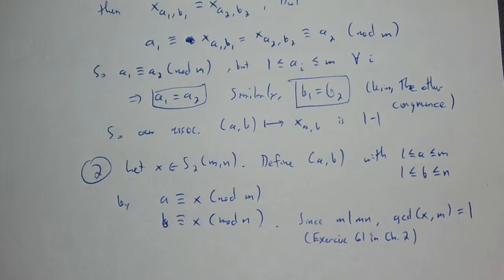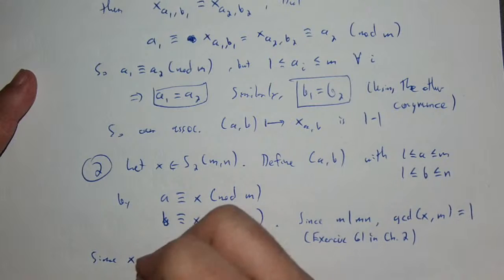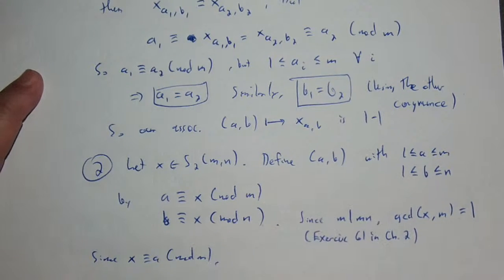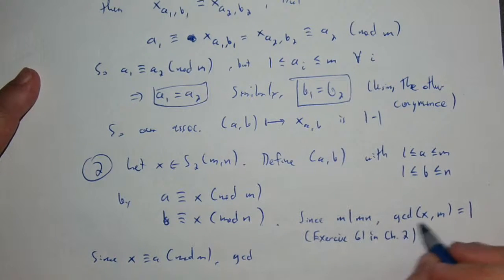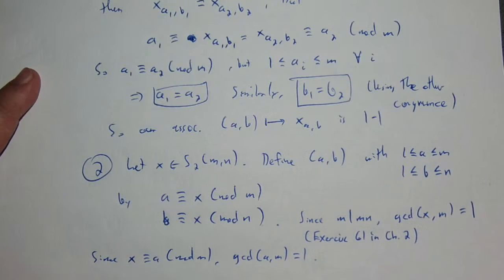Okay, this statement. So since x is congruent to a mod m, and the GCD of x and m is 1, then the GCD of a and m is 1.